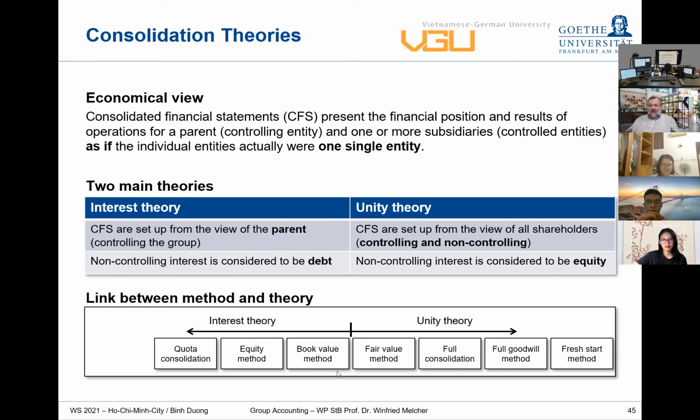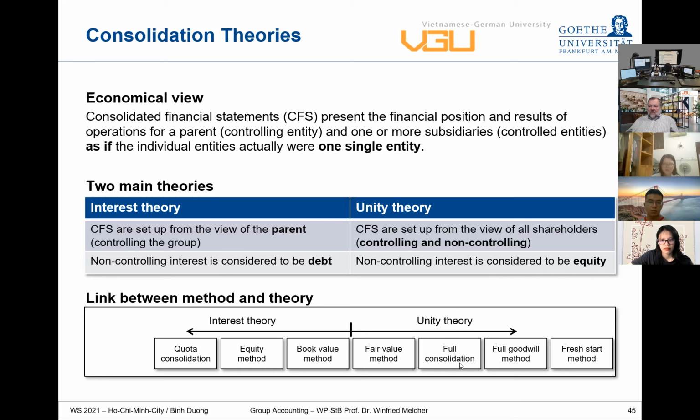The book value method is also part of the interest theory. But when you go to the fair value method, so each time you acquire a new company and you value the assets and liabilities at fair value, then of course that is following the unity theory.